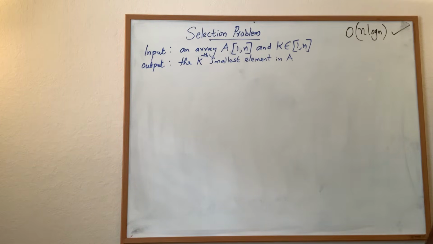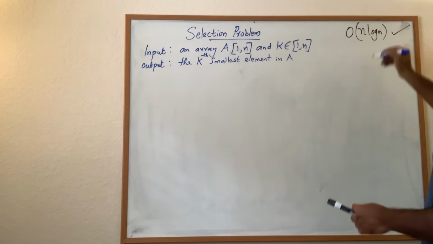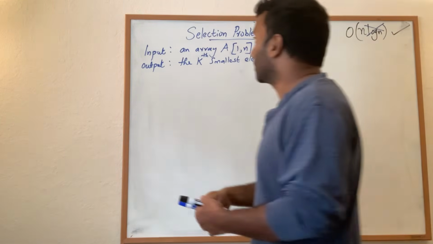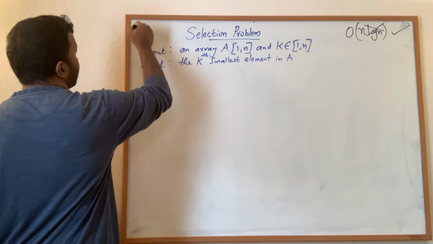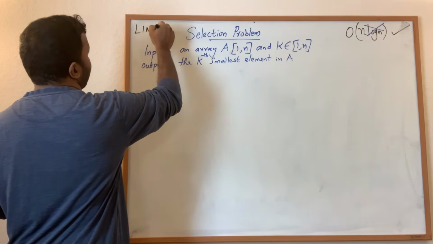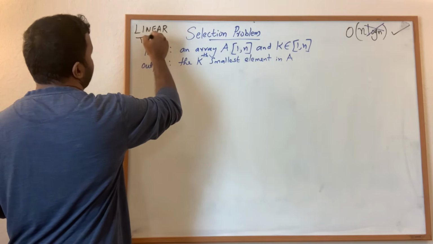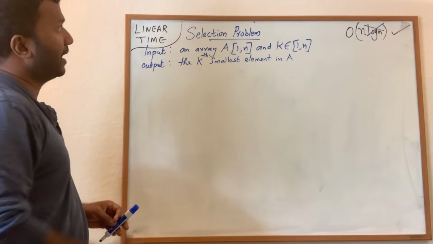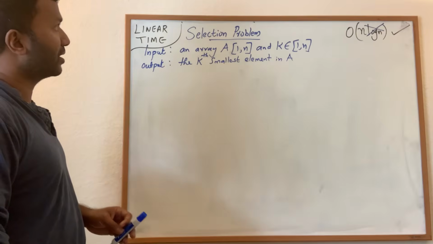An interesting question is, can we improve this? And the answer is yes. In fact, we can solve this in big O of n time. We can shave off this log n. So that is linear time. And the corresponding algorithm has a name.